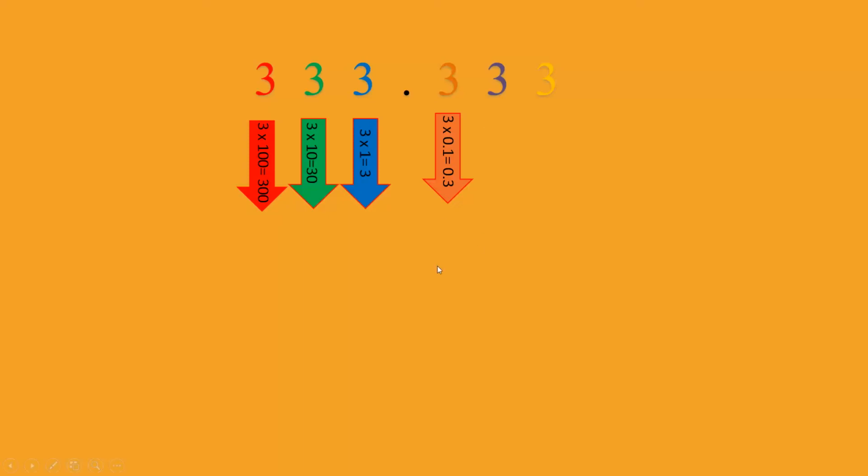So the value of this digit is 0.3. Here, 3 is multiplied by 0.01, so the value is 0.03. This 3 is multiplied by 0.001, so the value is 0.003.